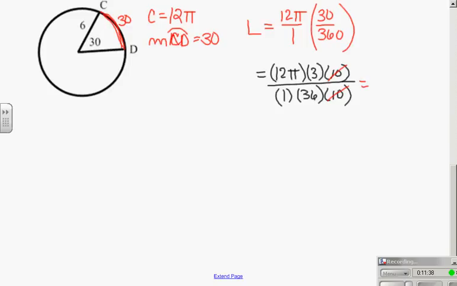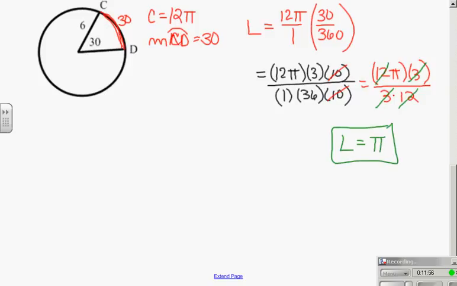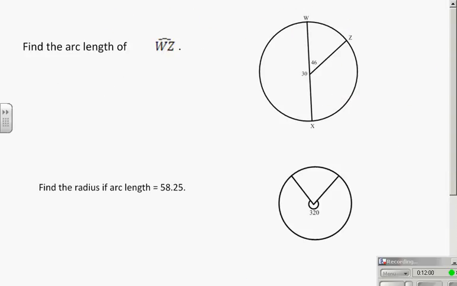That means that 10 divided by 10 cancels. I could rewrite this as 12 pi times 3 all over 3 times 12. I still have 36 in the bottom. I'm just writing my factors. So 3 and 3 cancel, 12 and 12 cancel. My arc length for that arc is pi units.